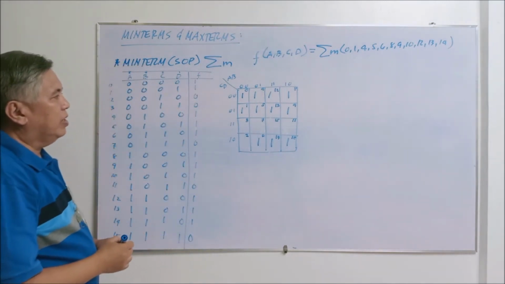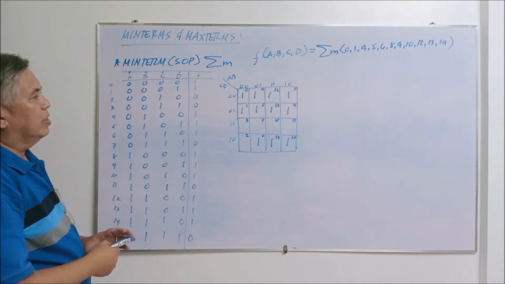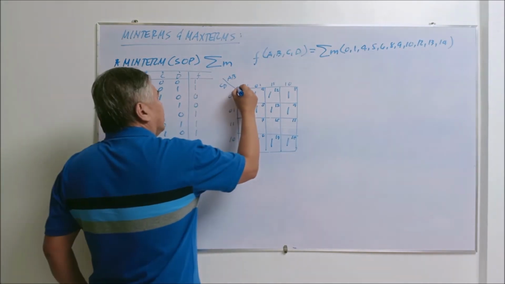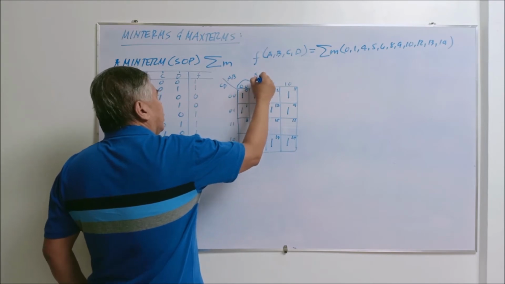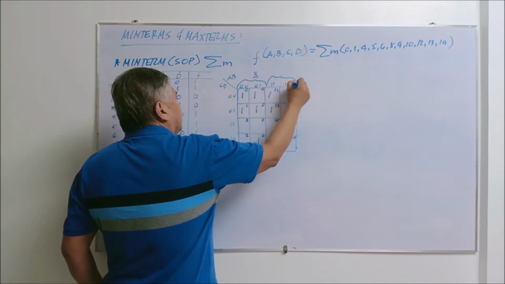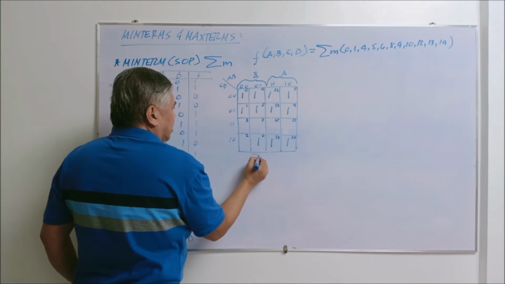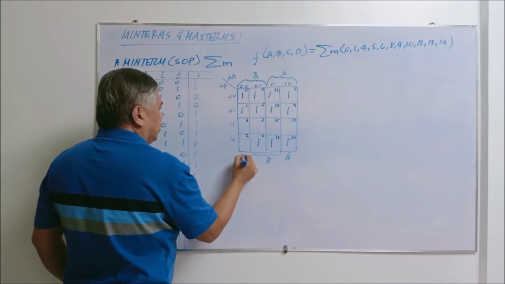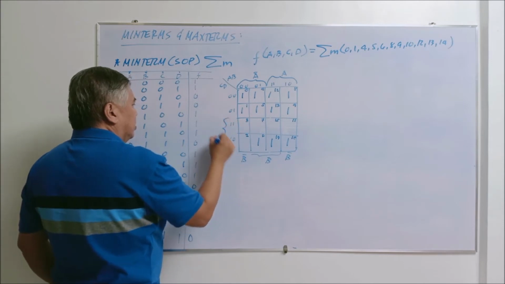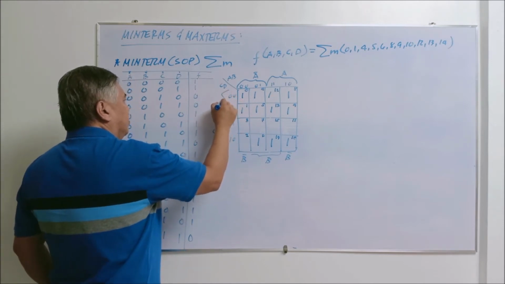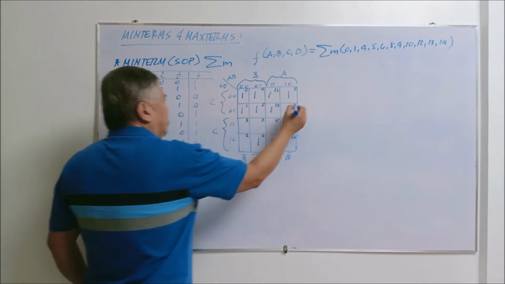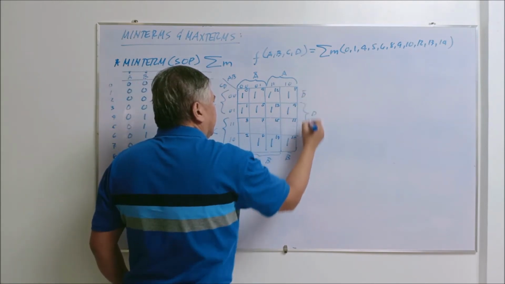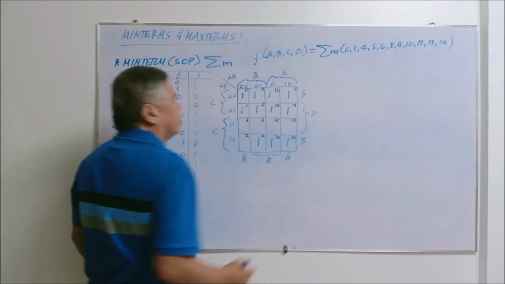That will be the location of minterms. Again, in the sum of product expression, this is A bar here, and this is A, this is B, B bar, B bar, this one here is C, C bar, then D, D bar, D bar.